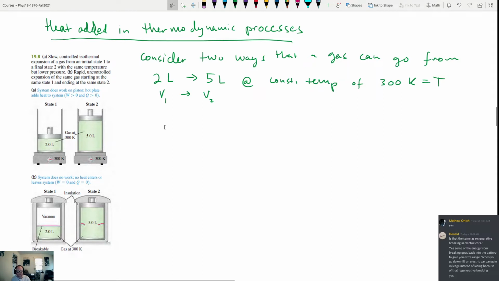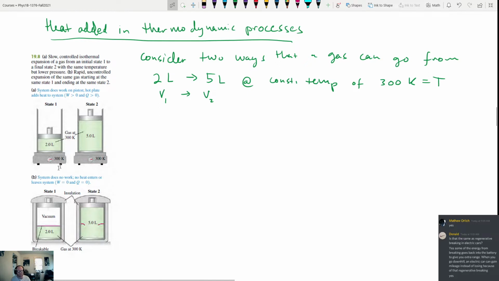But we're going to find that in each case, the work done and the heat transfer is going to be different, okay? So state 1 for the first system is going to be, we take a gas, it's at 300 Kelvin, right? And we connect it up to a heat reservoir that is also at 300 Kelvin, and we're going to consider this a heat reservoir that will always maintain a constant temperature for the gas, okay? So we have some heat reservoir here that is going to make it so that the gas maintains its temperature at 300 Kelvin.